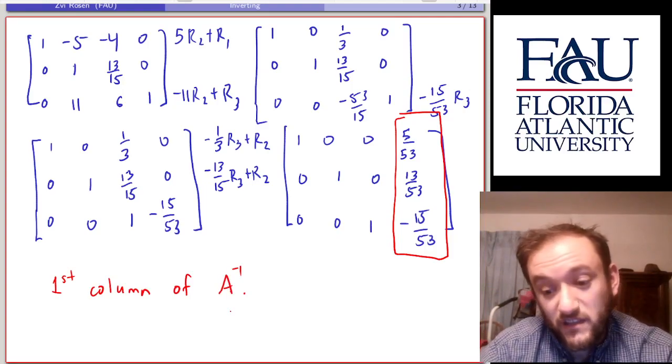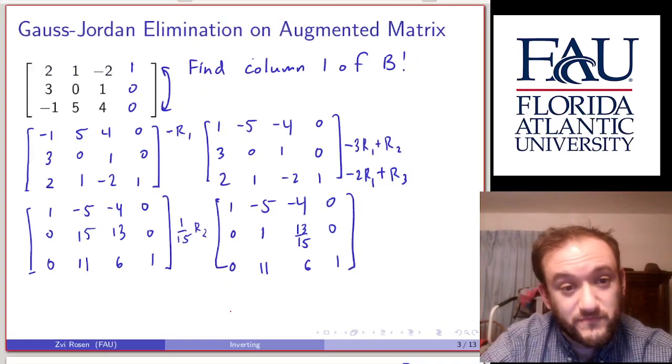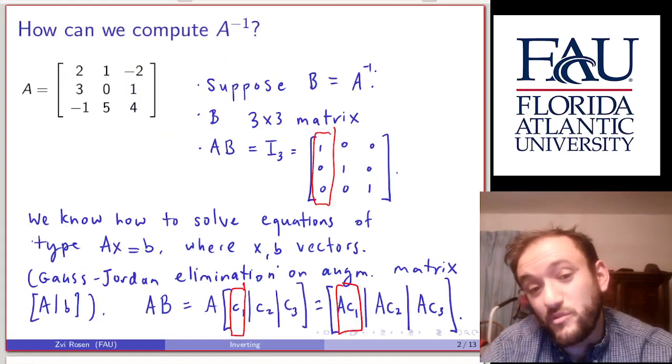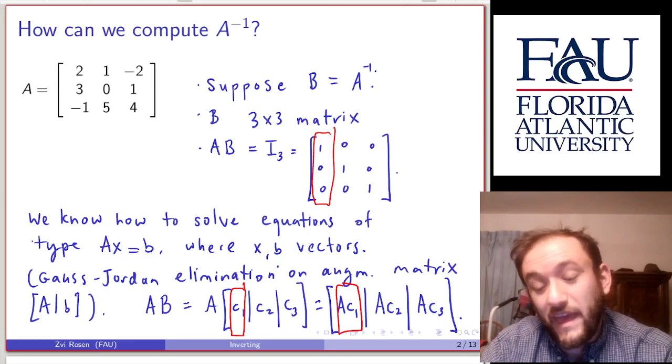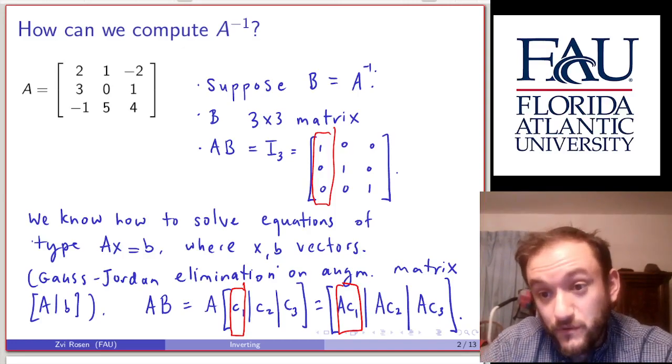Well, that's the first column. How do we get the second column and the third column? Using the same approach, but solving for AC2 equal to 0, 1, 0 and AC3 equal to 0, 0, 1.